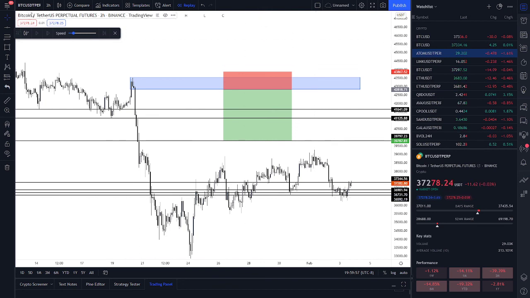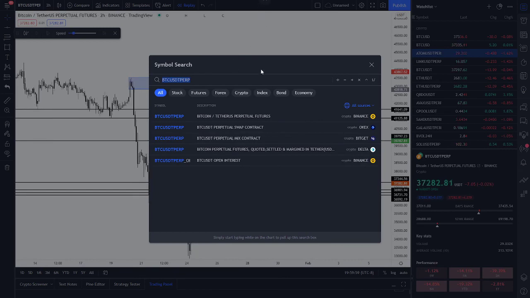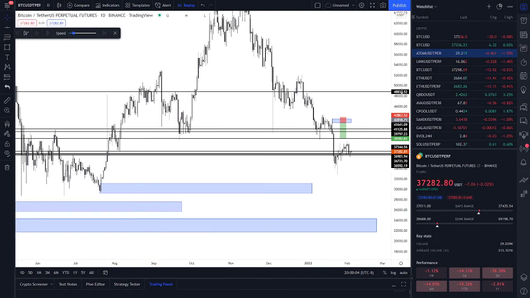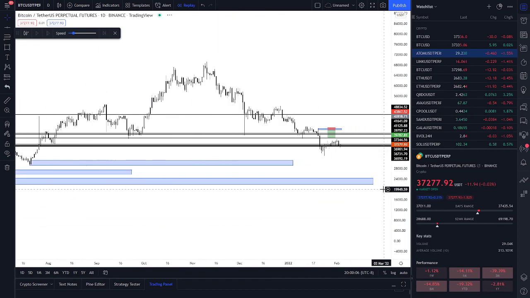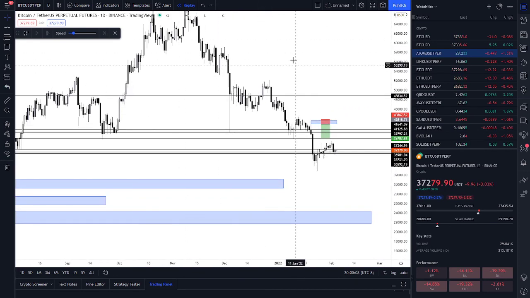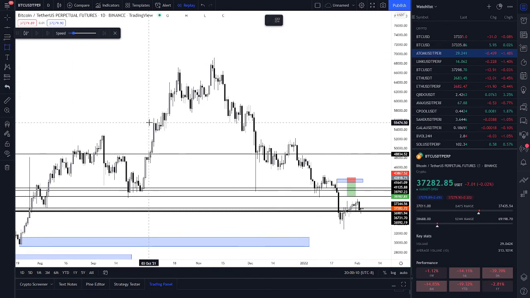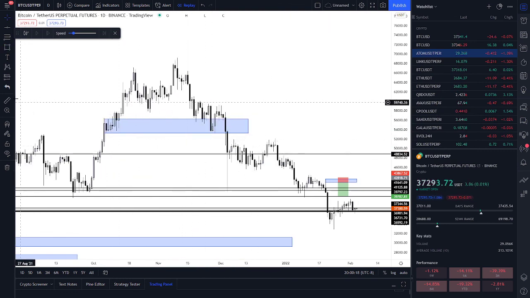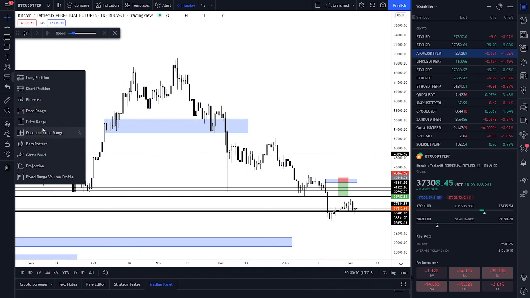Like when I showed you guys this Bitcoin one right here, right? When we took this first one, how long did it take for this place to fill?